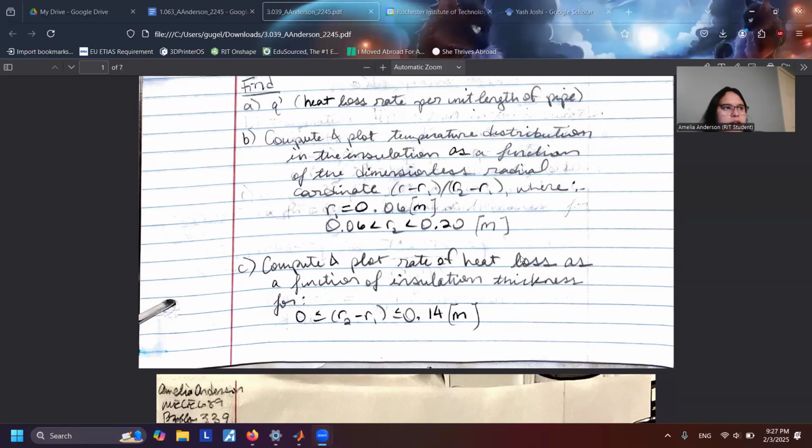And this could be used for, like, if you've got a steam pipe that's 0.12 meters and a steam pipe that's, I don't know, 30, that's a crazy number, but 30 meters or whatever. That's probably not a thing.